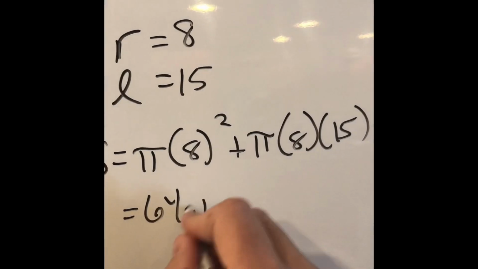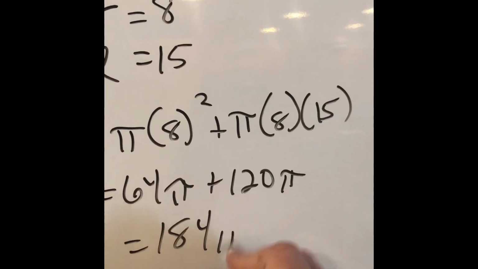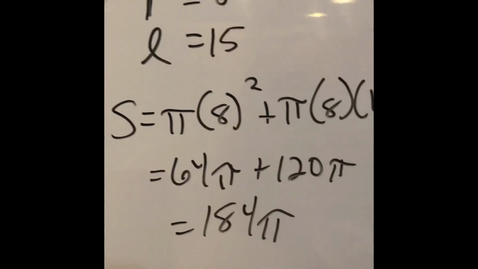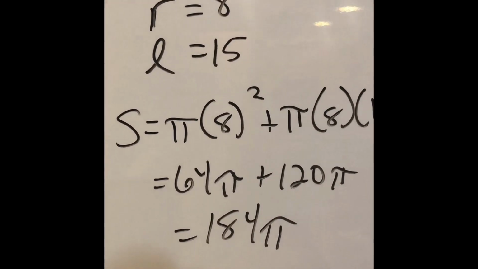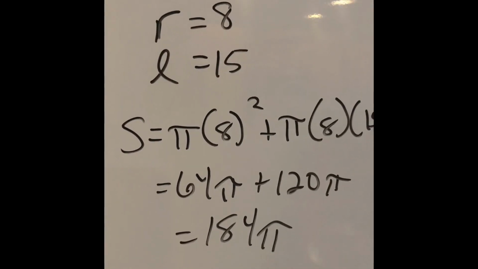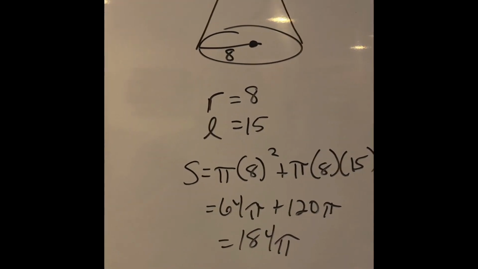That's 64 pi plus 120 pi, which is 184 pi, and they want it to 2 decimal places. So that's going to be 577.76.